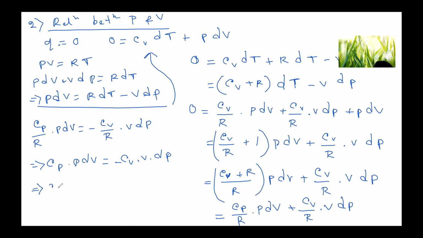Or Cp dV by V equals negative Cv dP by P. Now let's integrate this.